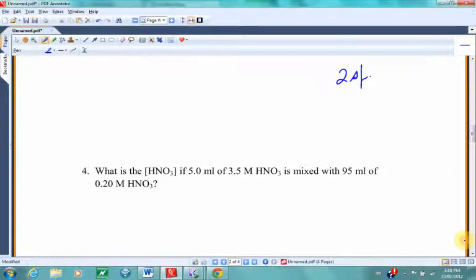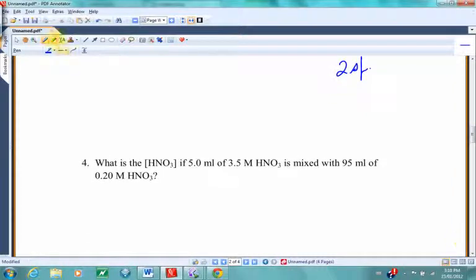In this one, we have 5.0 milliliters of 3.5 molar nitric acid and 9.95 milliliters of 0.2. So we're going to have to do the A and the B again.